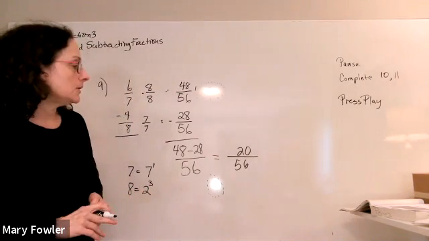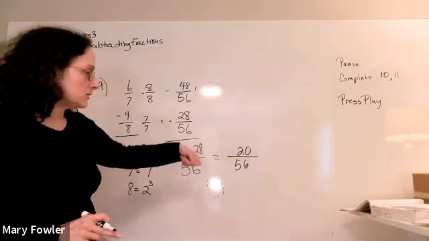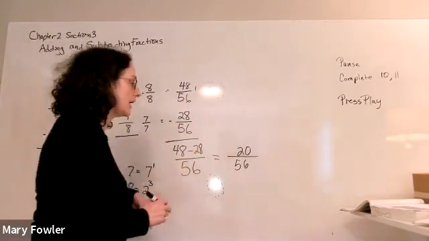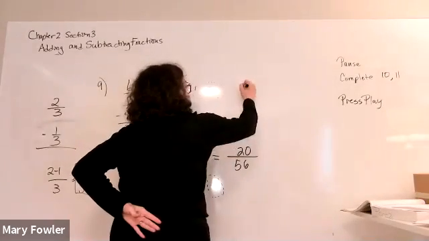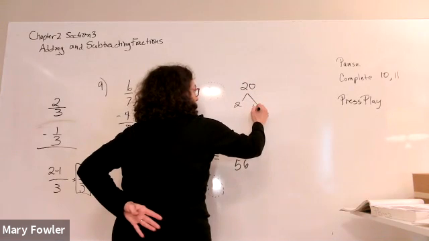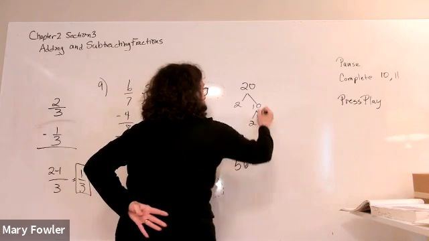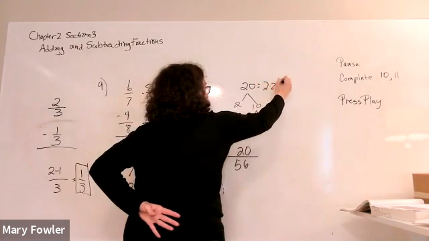So you can do some repeated reduction, like take out a 2, take out another 2, but I'm just going to go ahead and rewrite these in their prime factorizations. So 20 is 2 times 2 times 5.